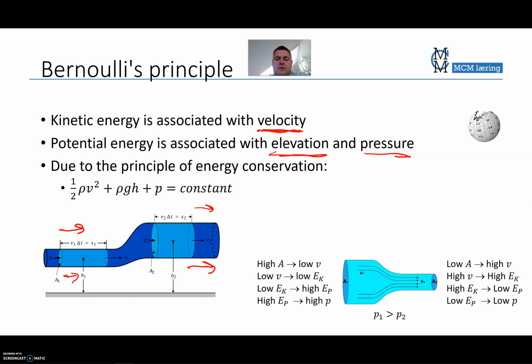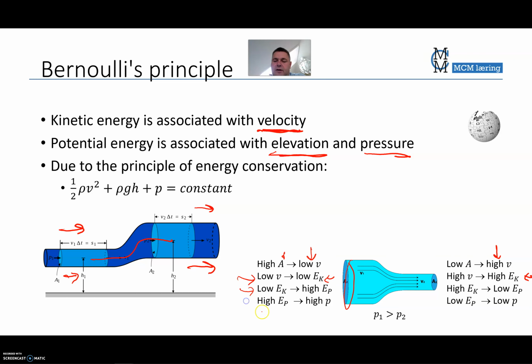In most practical cases, we don't want that elevation element, so you can imagine here a pipe like this, where the elevation is the same all over the section, but the area differs. Here we have a high area, which means that we have a low velocity, compared to this end, where we have the high velocity. If we have a low velocity at the thick end, we also have a low kinetic energy, while here we have a high kinetic energy.